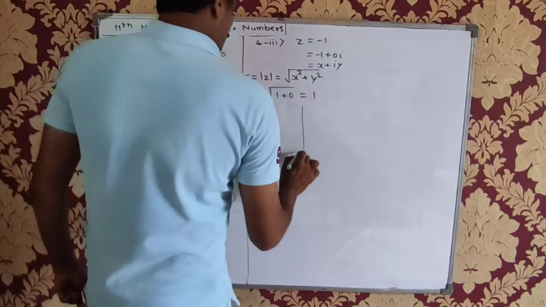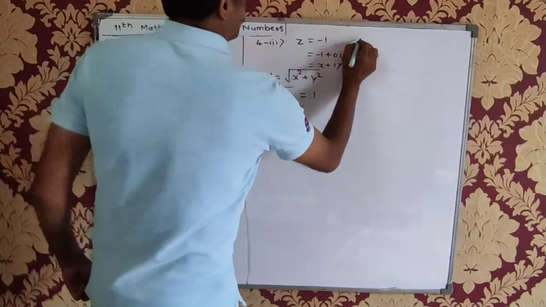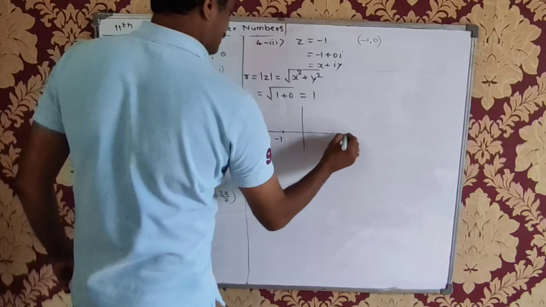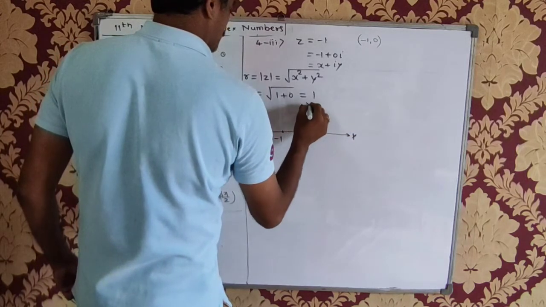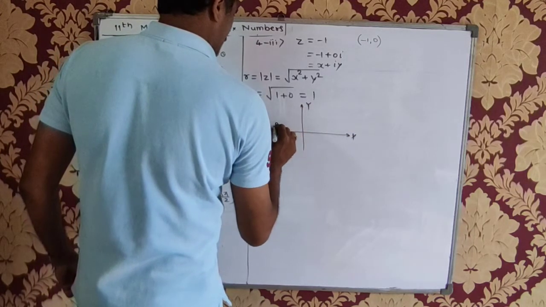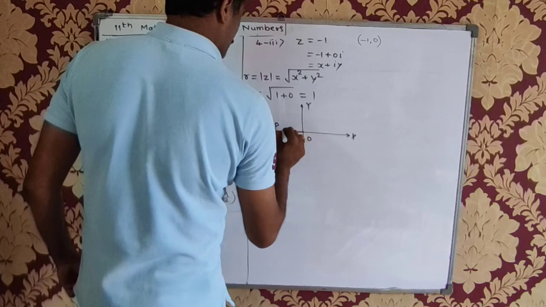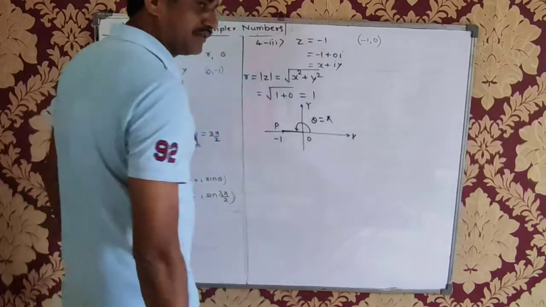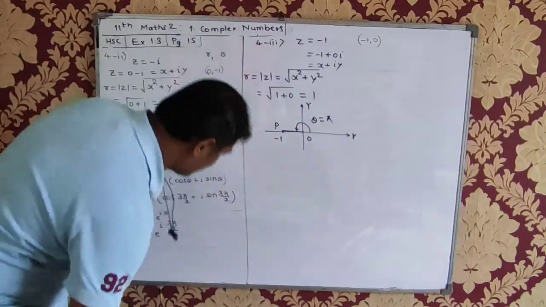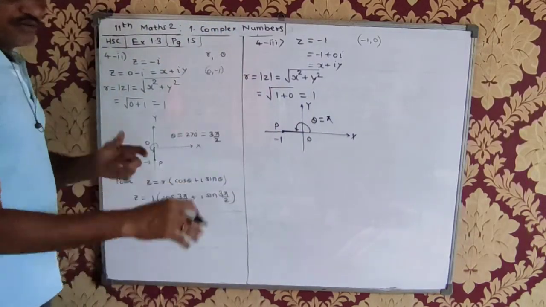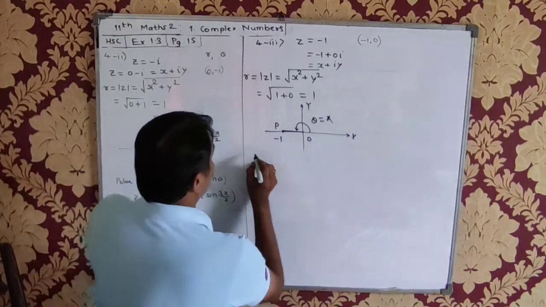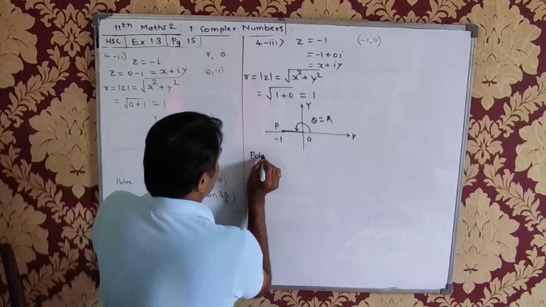I'll show it on the Argand diagram. So the point is minus 1 comma 0 here on x-axis. This is P, this is O, this is OP, and here is theta. Theta is equal to 180 degree, pi radian. Now when these angles are standard, you don't have to do any calculations. So directly say, therefore, what is the polar form?